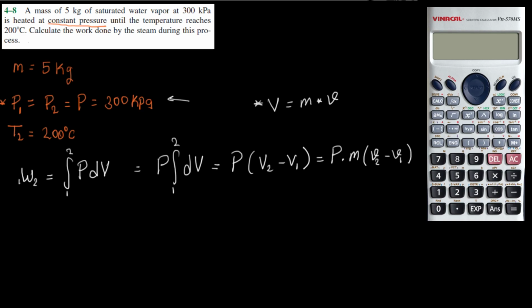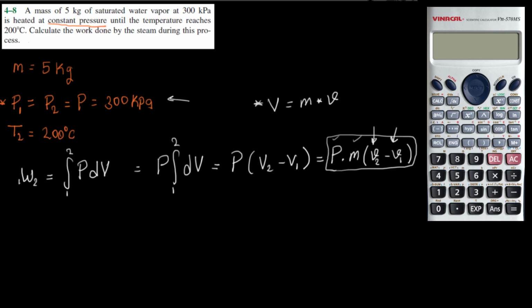Okay? So this is the equation that we are gonna use to find out the work. Notice that we have the pressure and we have the mass. All we need to find is the specific volume 2 and specific volume 1.